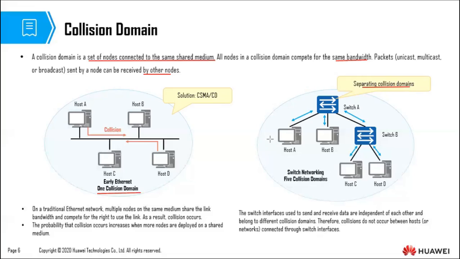By separating collision domains from a single one to multiple collision domains, one on each link, we reduce the chances of collision ever occurring. Especially if we use media with different lines for sending and receiving, then we totally eliminate the chance of collision ever occurring.